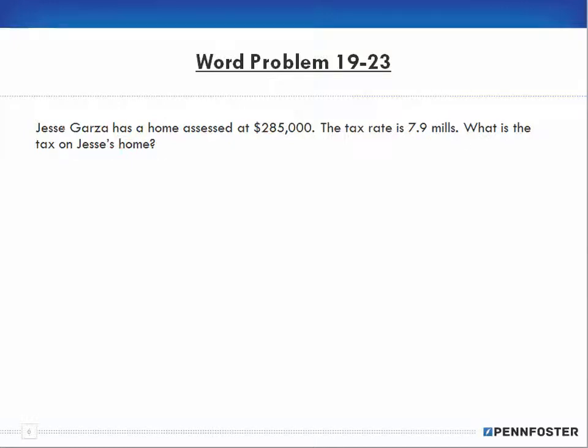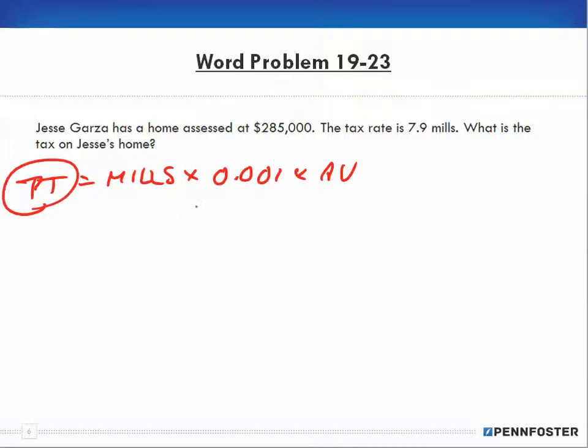So this is what I was just talking about. The property tax is equal to the mils times 0.001 times the assessed value. Here it's asking us what is the tax on Jesse's home, so we're asking for the property tax. Plug everything else in: 7.9 times 0.001 times 285,000.